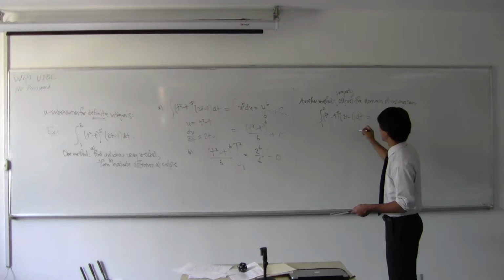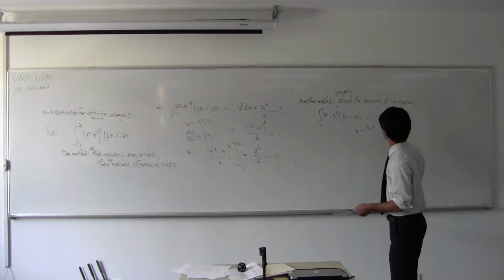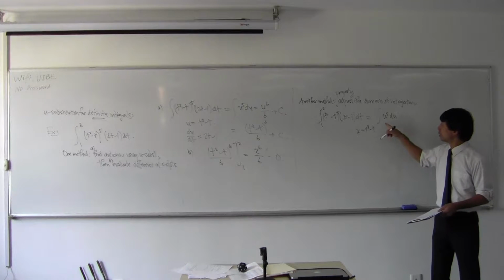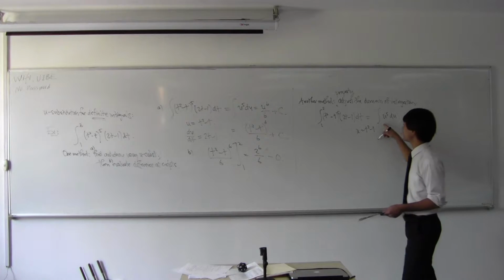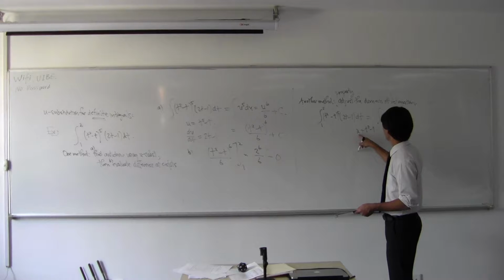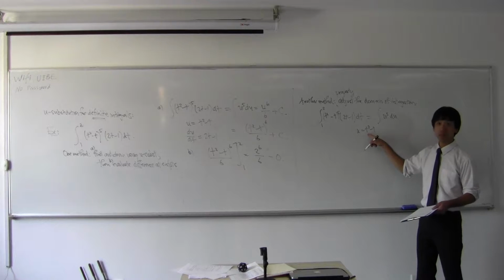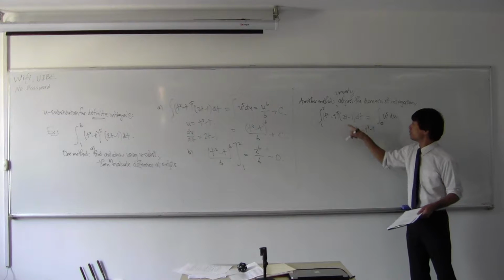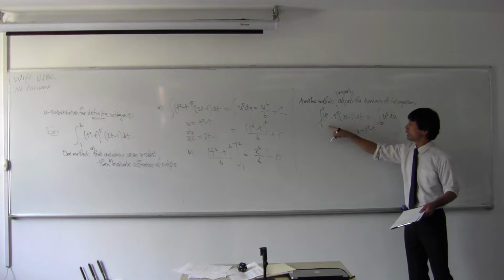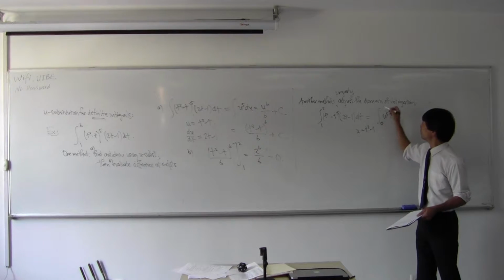I'm going to again use u as t squared minus t, so here I get u to the 5th du. But I'm going to do it over a different range of integration. When t is ranging from 1 to 2, when t is 1, u is 1 squared minus 1, that's 0. When t is 2, u is 2.